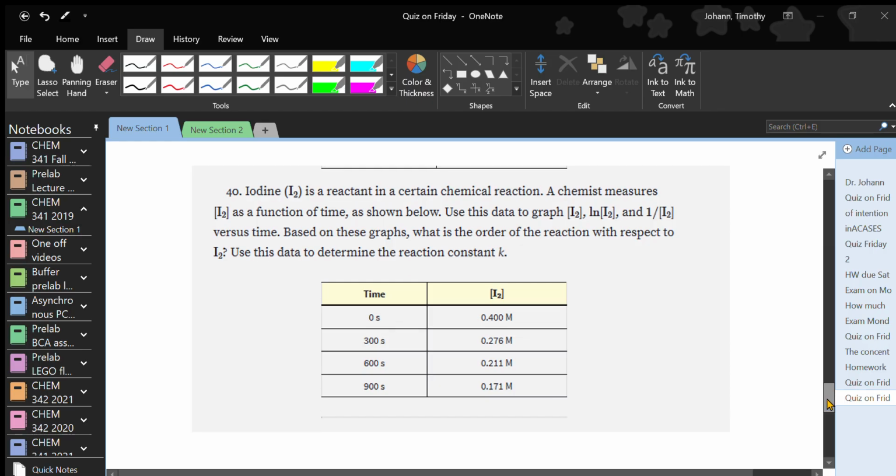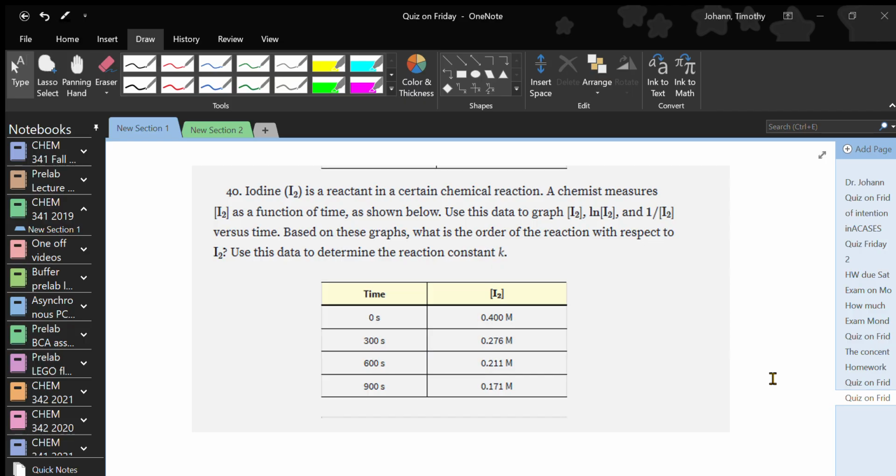All right, so this problem is kind of like that. Look, this problem's vague, we don't even know what the reaction is. It's iodine as a reactant in a certain chemical reaction. Well, iodine might be reacting all by itself, but it's probably reacting with something, okay? But they're not going to tell us the reaction. A chemist measures iodine as a function of time as shown below.